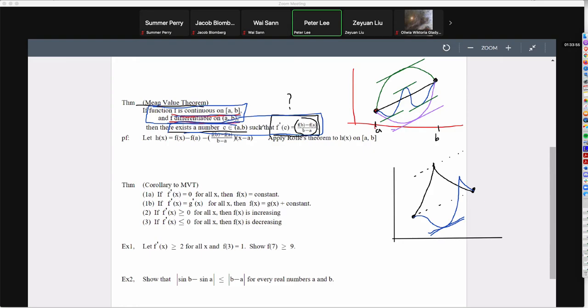I want you to understand this logically. If the hypothesis is false, there is no guarantee that the conclusion will be true. In other words, the theorem itself does not apply.